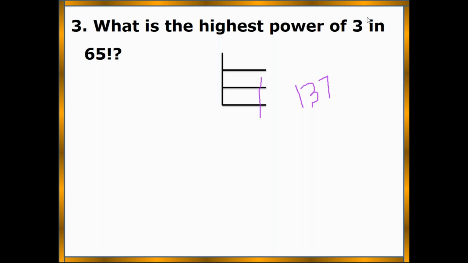What is the answer, ma? So 65, 3 21s are 63, 3 7s are 21, 3 2s are 6. What is the answer? One question, multiple answers. 28, 30, 31.